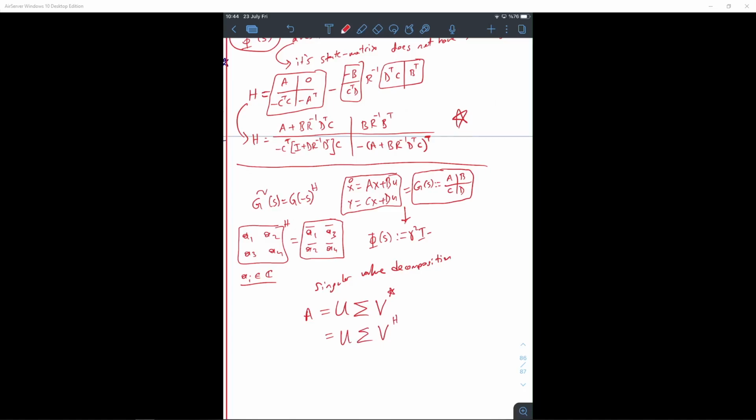This is SVD, singular value decomposition. By the way, singular value decomposition is very important in control.